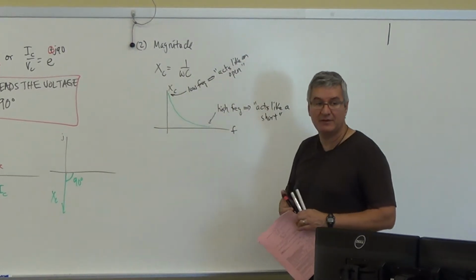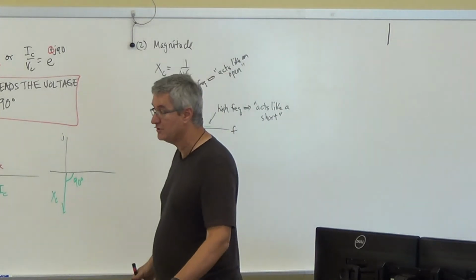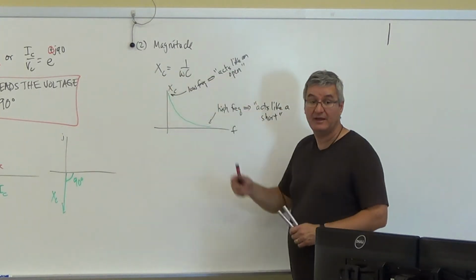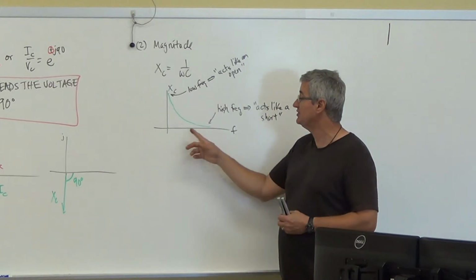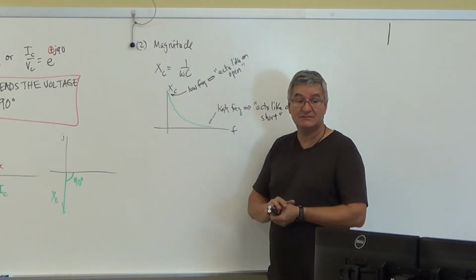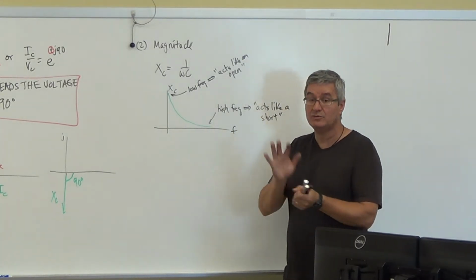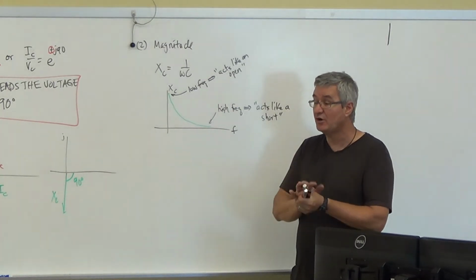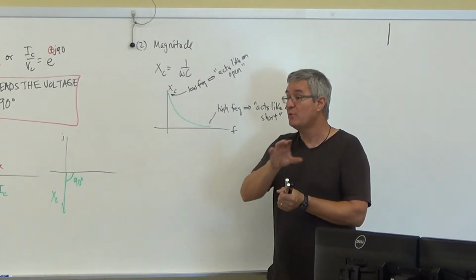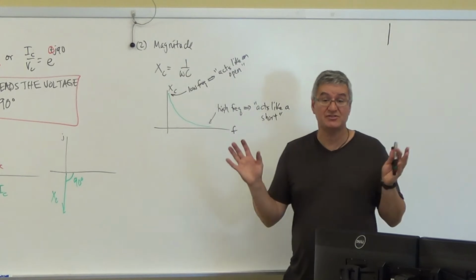Now let's be very careful about how I use my language here. If I have zero frequency, that means the capacitor is allowed to charge up. And if it charges up, then the branch where the capacitor is has zero current.